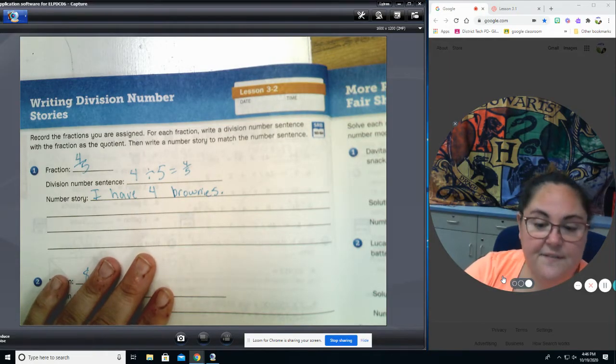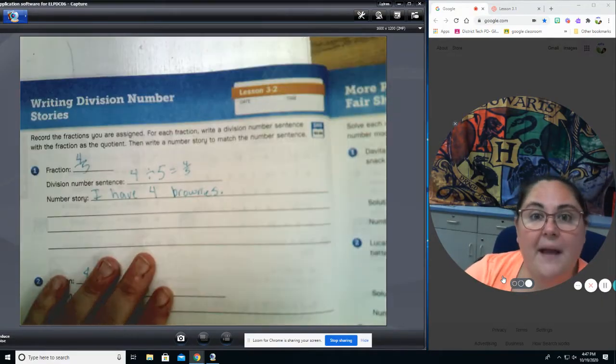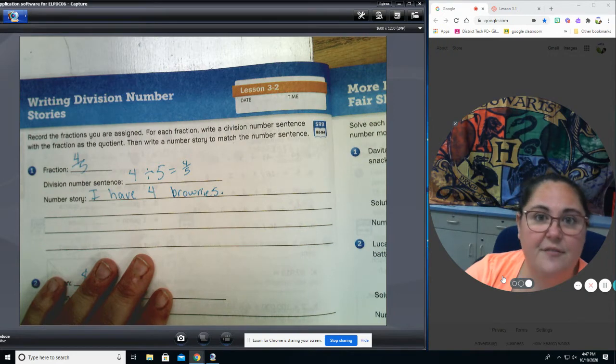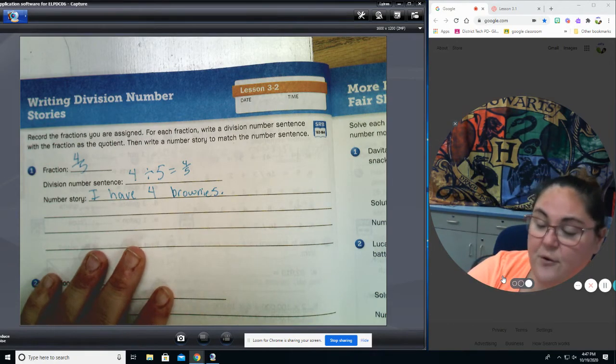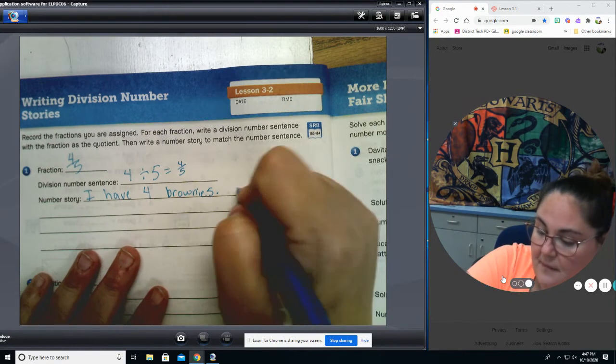Now I need to figure out, I'm going to refocus this. I need to figure out how am I going to divide it? I know I need to divide it by 5. Maybe I'm dividing it by 5 people. Maybe I'm cutting it just into 5 pieces. So how are you going to divide it? So I have 4 brownies. I'm going to divide it with 5 people.